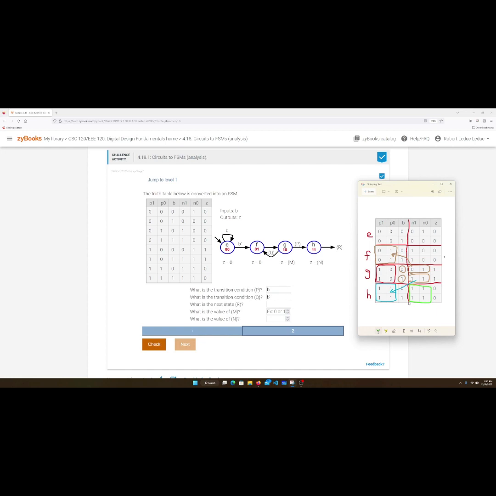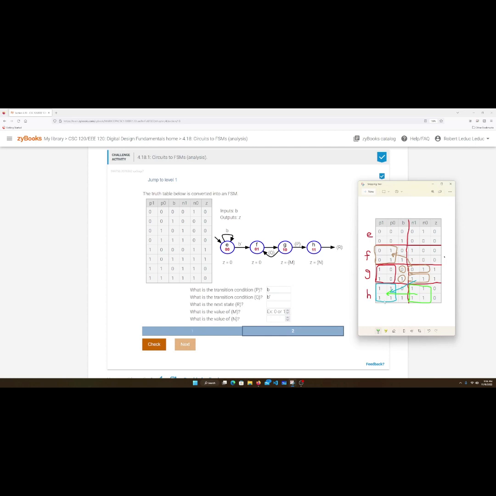We actually only have one option for a transition from H, and that is to values 1 and 1 for N1 and N0, which corresponds to the original values of H. So H is just transitioning back to itself.